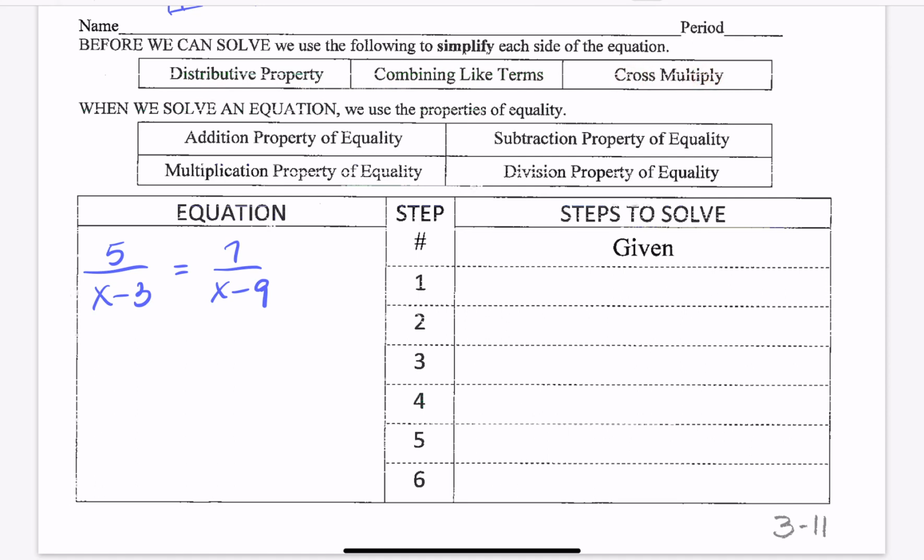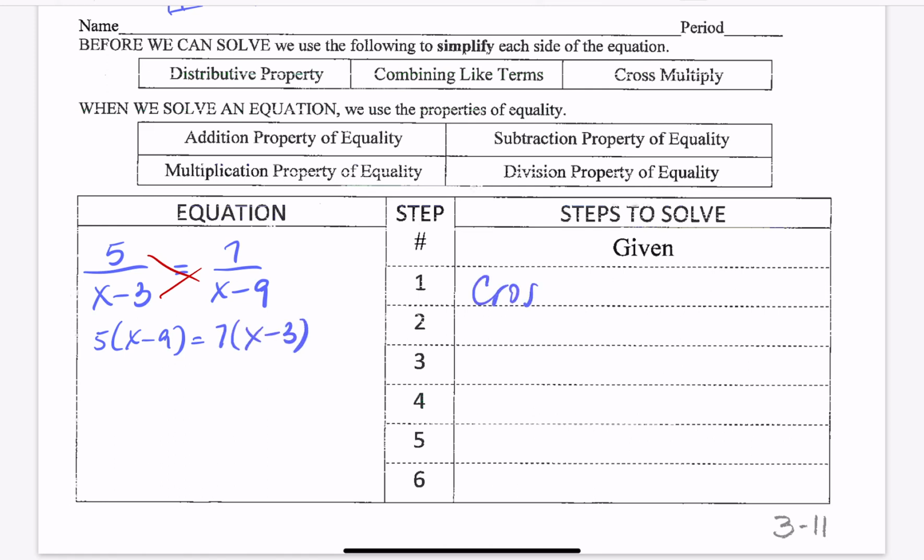So when I do that, I am going to take this and multiply it and have 5 times x minus 9. And then I'm going to go this direction and say 7 times x minus 3.